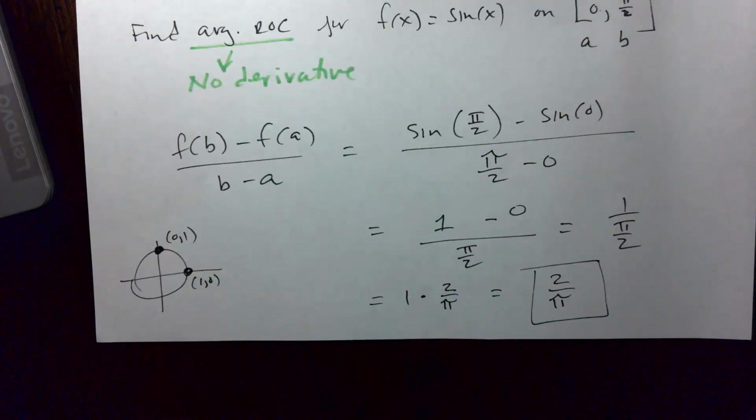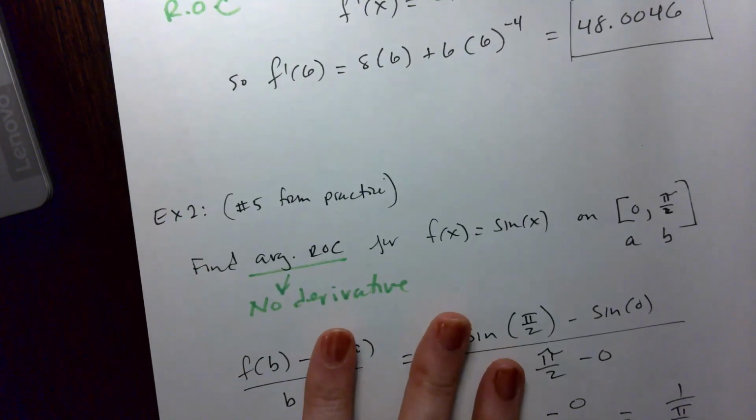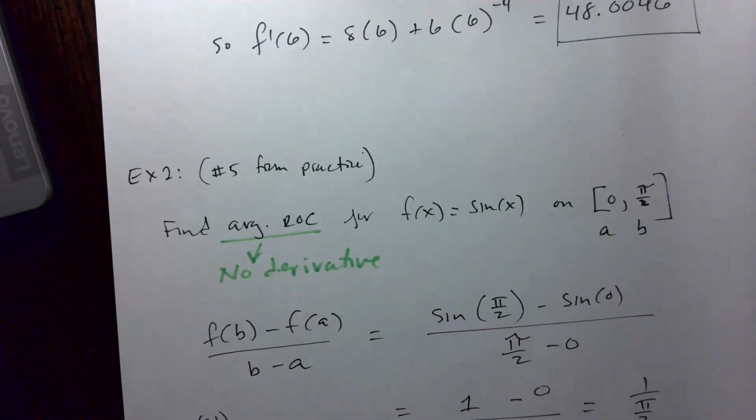So on the practice, guys, you're going to do a whole row of derivatives, instantaneous rate of change. Then you're going to do a whole row of average rate of change. And then there's a third section where they're all mixed up. After you do those exercises, the difference between them and how to do them fast will be tattooed on your brain.